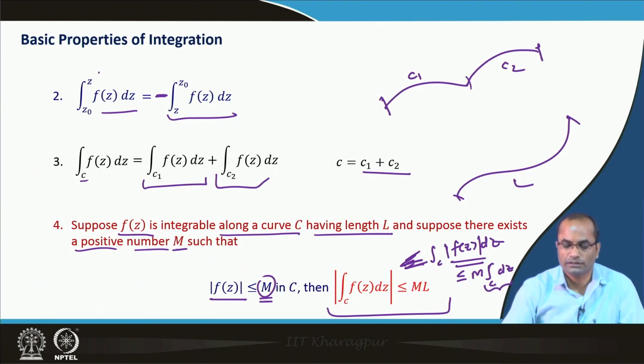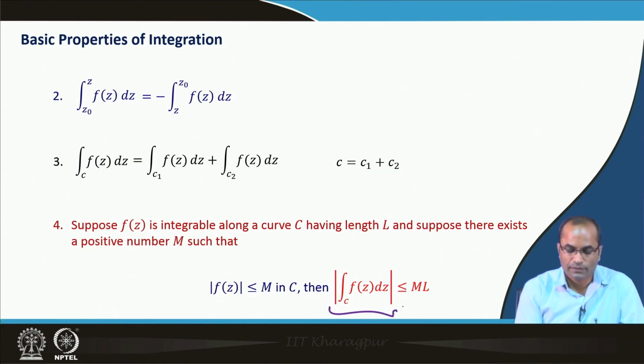If we just integrate over the curve C, we will get the length. So that is ML. M is the upper bound for the absolute value of the function, and L is the length of the curve. So, this is also valid for the curve integral.